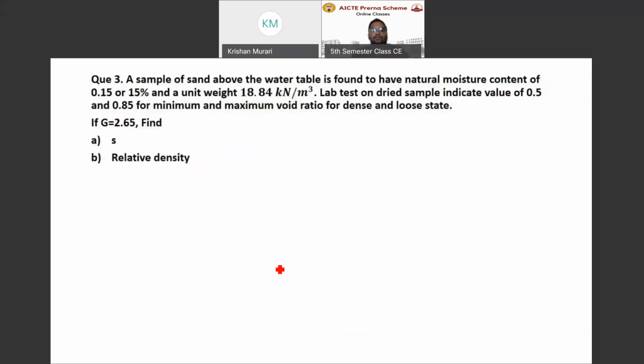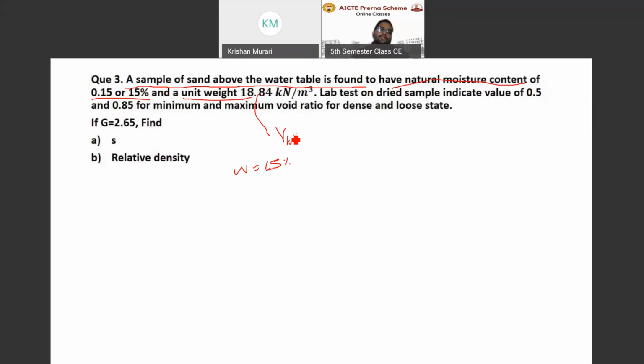Next question is a very important question. A sample of sand above the water table is found to have a natural moisture content of 15%. What is given? W equals 15%. The water content in that soil is 15%, and the unit weight of soil is gamma bulk.